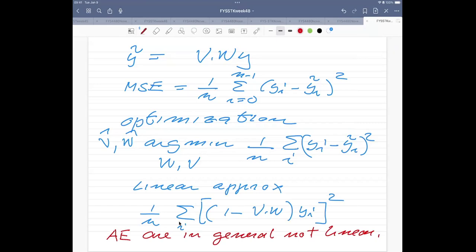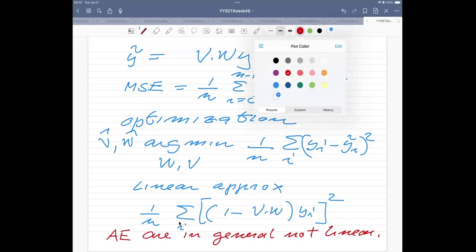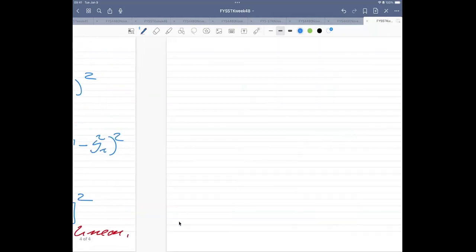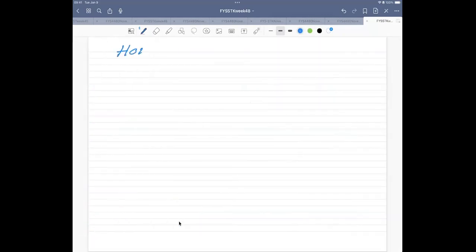Now, I want to remind you of some things which we have seen before. Let's take a closer look at how we can link this with principal component analysis. So how do we link this AE, the linear one?